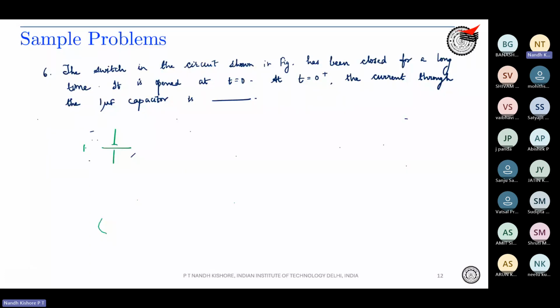So this is 10 volts. One ohm. There is a switch over here. This is the switch, and I'm opening the switch at t equal to 0.